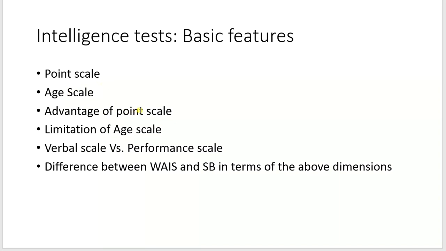Another distinction is verbal scale versus performance scale. And you all know that in performance scale, largely non-verbal materials are used and participants are asked to perform something, like drawing something, or developing a design using some blocks, completing some pictorial puzzles.